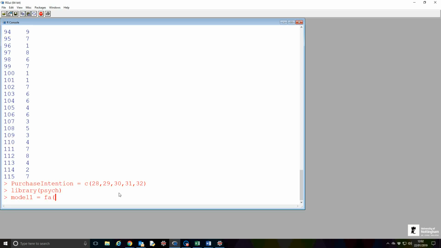And then if I remember how to do it correctly, which we'll find out in a minute, we're going to say use our data object D, but we only want to use the rows, so everything on the left hand side of the comma, and we want to use the columns from purchase intention.